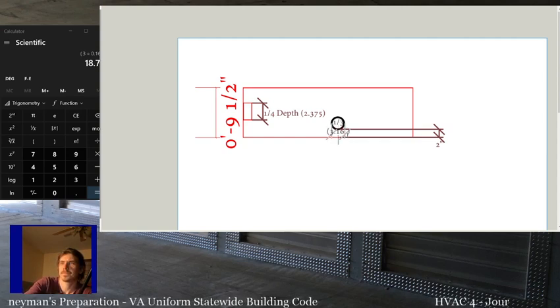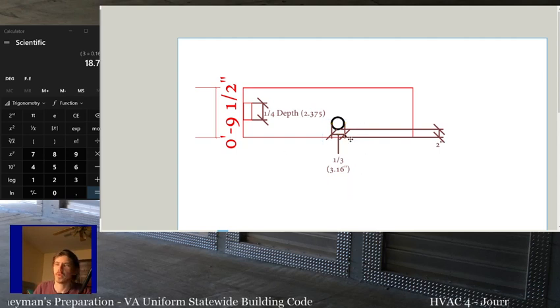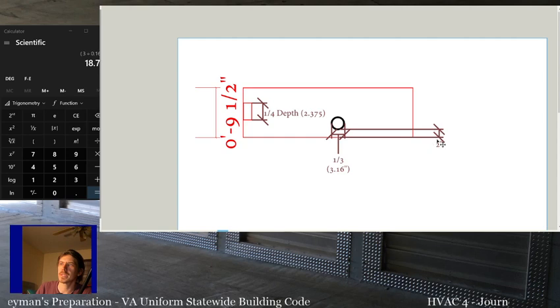So the hole cannot be bigger than 1/3 of the joist depth, and it can't be within 2 inches.